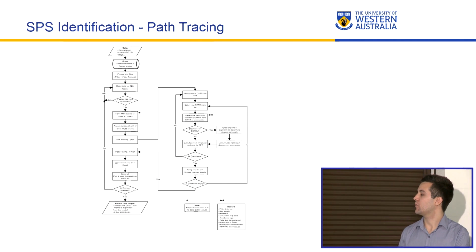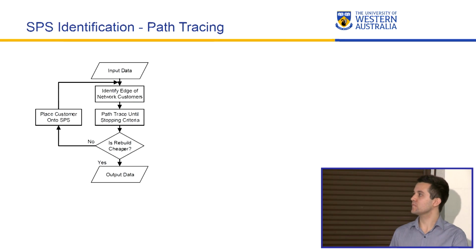Okay, so now the actual algorithm for doing the path tracing is a bit complicated, but to provide a dumbed down version, we get our input data, so that's the network formation and the customer standalone power system loads we just referred to.